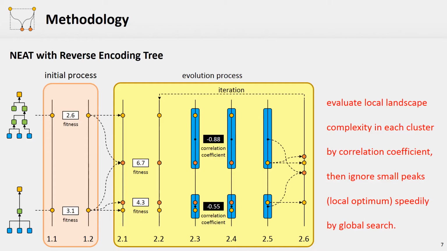By calculating the correlation coefficient between distance and fitness in each cluster, we can evaluate the local landscape complexity. Then, we investigate the 2 parameters, correlation coefficient and the best fitness, in each cluster, so the whole population can be evolved effectively.